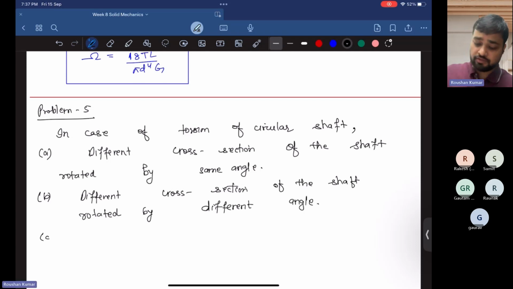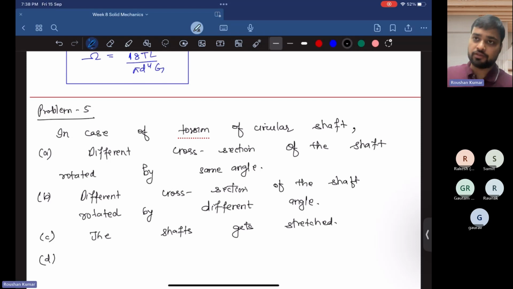The third option is: the shaft gets stretched. And the fourth option is: the shaft will not stretch.